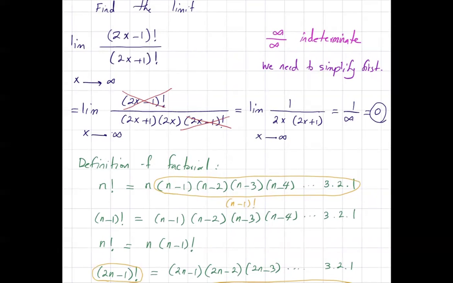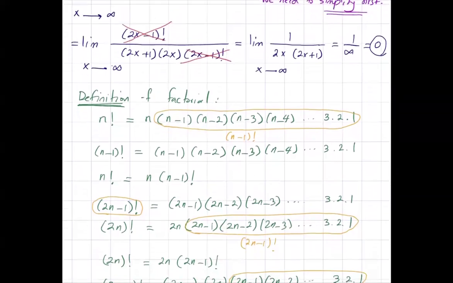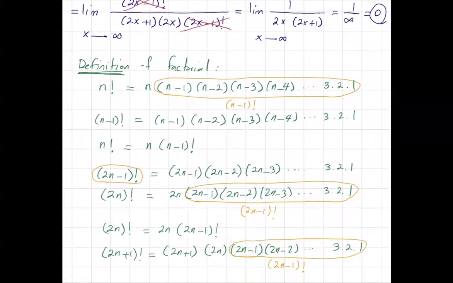So to calculate the limit of (2x minus 1) factorial divided by (2x plus 1) factorial, first we substituted infinity. We got an indeterminate form. Infinity divided by infinity is indeterminate. It means that we have to simplify first. To simplify, we used the definition of factorial. By the definition of factorial, (2n plus 1) factorial is (2n plus 1) times 2n times (2n minus 1) factorial.